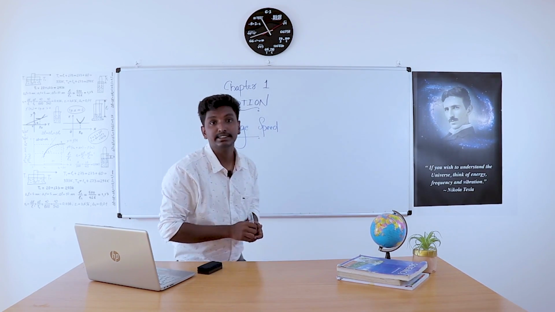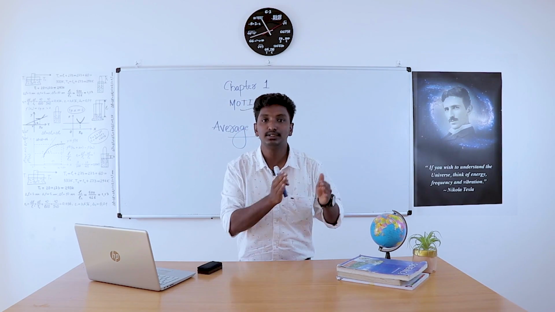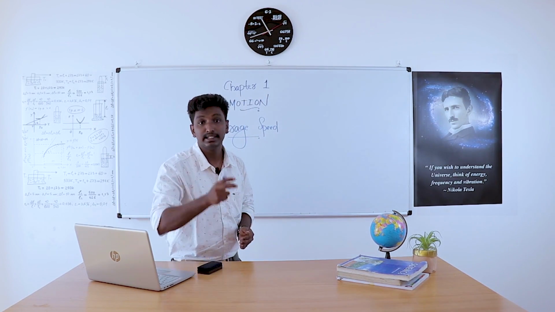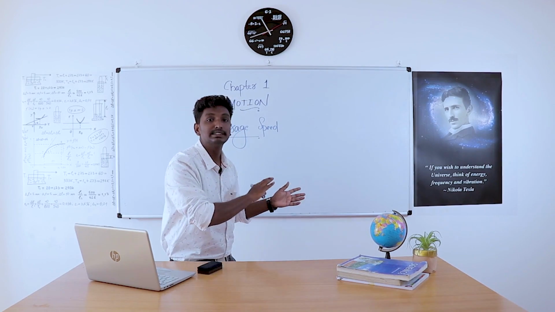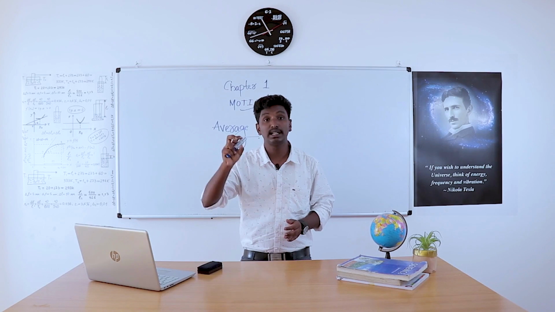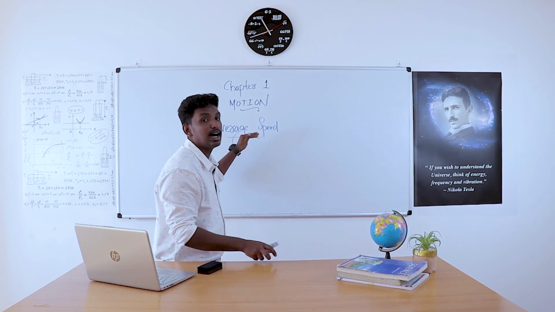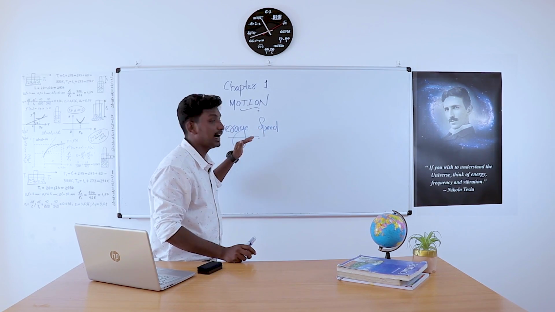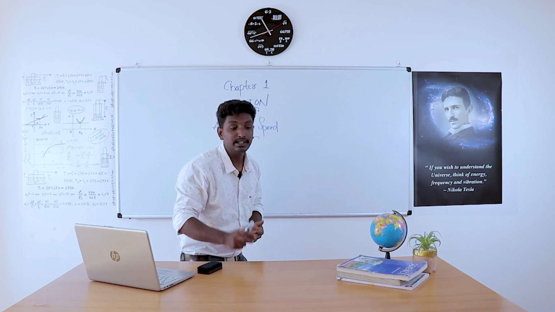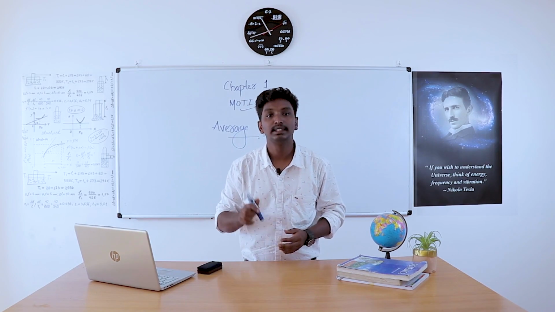Average speed is defined as the ratio of total distance to total time taken. That simply means when total distance is divided by total time, we get the average speed. To find the average speed, we have to divide the total distance by total time.